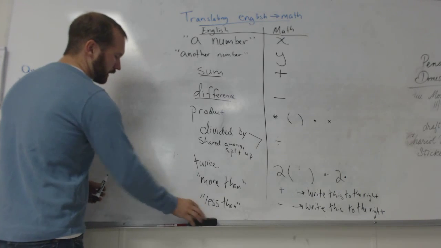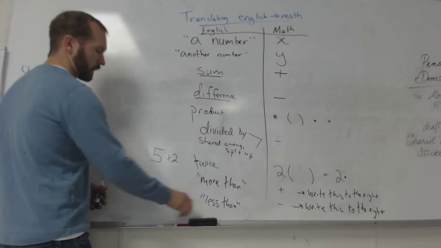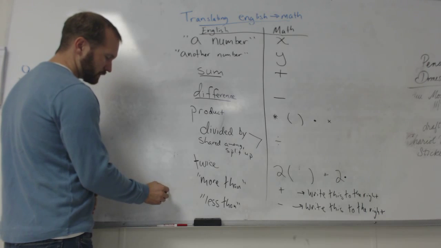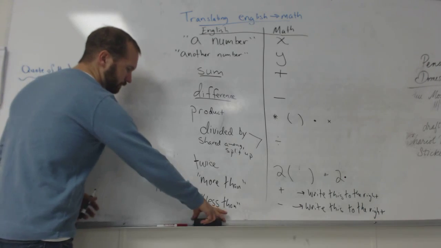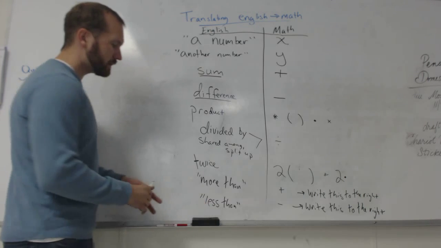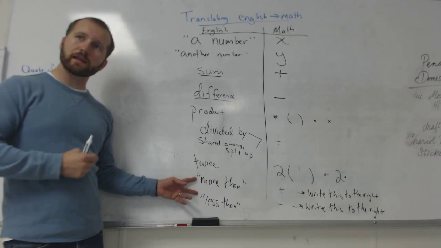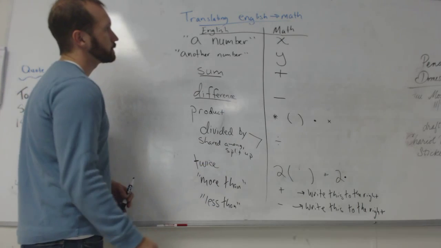Or I could write plus 2 and then 5. If it said 7 less than 10, we'll do 7 less than 10. So whenever you see these "more than," "less than," and similar things, you want to remember, write that over to the right. Okay, let's do some practice with these.